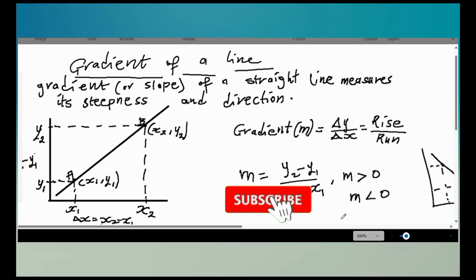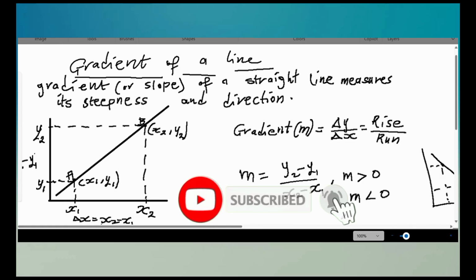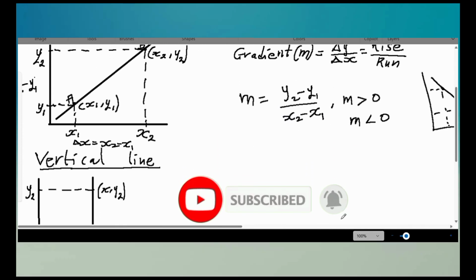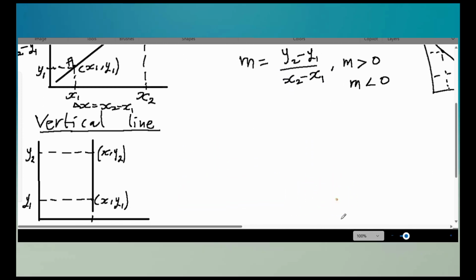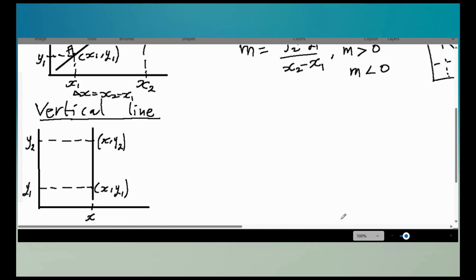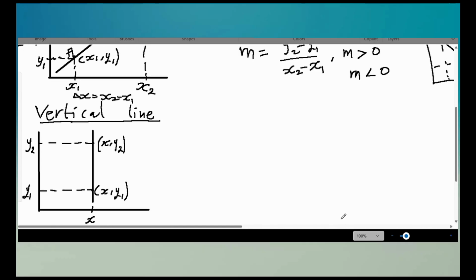But let us look at a scenario whereby we have a vertical line. Assuming that a line is not sloped as we have above, but now my line is vertical, what's going to be the gradient of such a line?